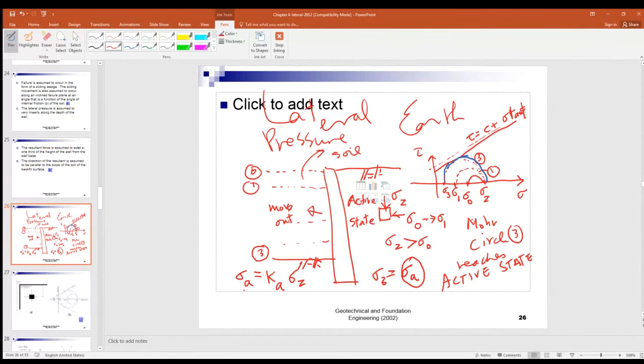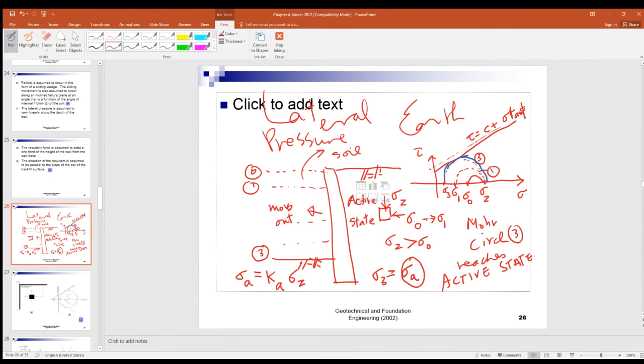Okay, and at that time, the Mohr circle just touches the Mohr-Coulomb envelope as indicated by this blue Mohr circle, touching at the point. So that is the story for the active pressure.